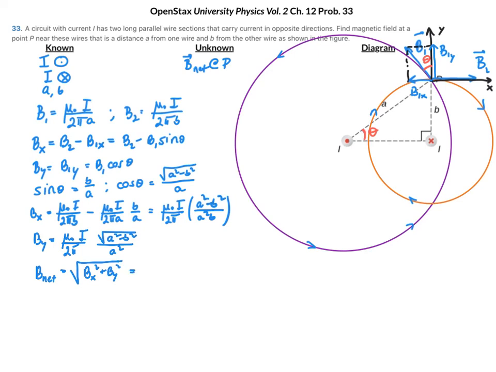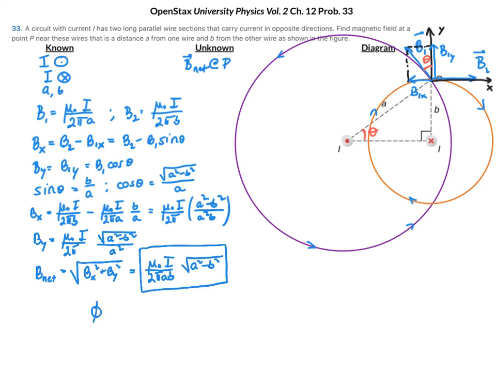When we do the math, we end up with a value of mu naught I divided by 2 pi a b, times the square root of a squared minus b squared. I'm not going to do all this derivation, but do it by yourselves and you'll see that this is the answer that you'll come up with. Then we need the angle of the magnetic field.